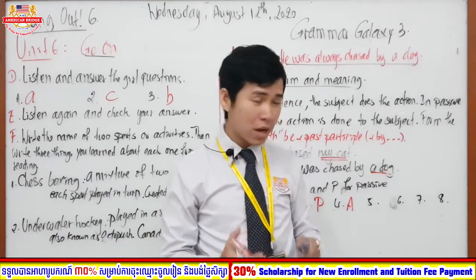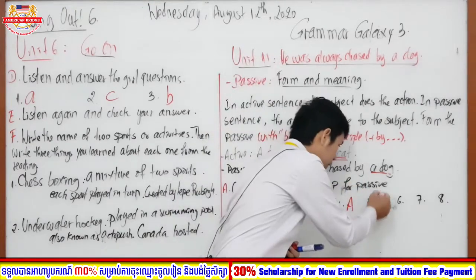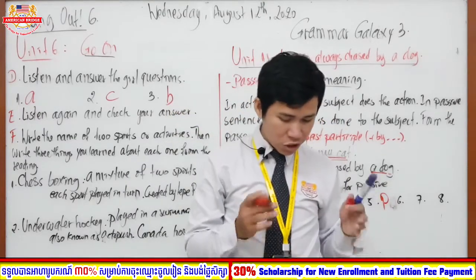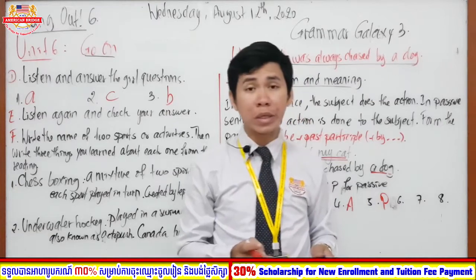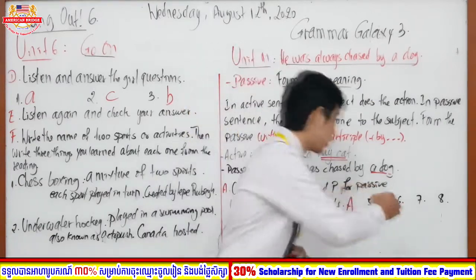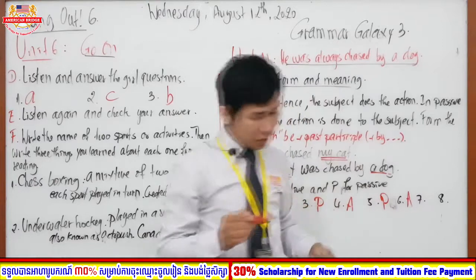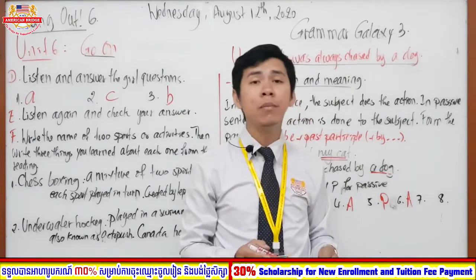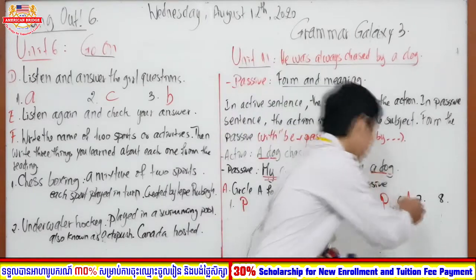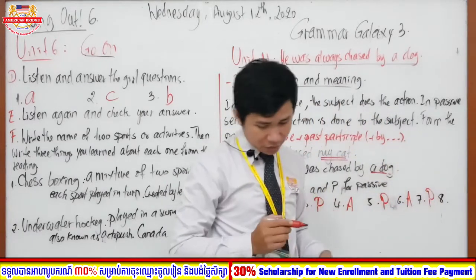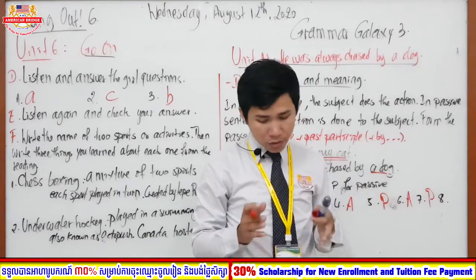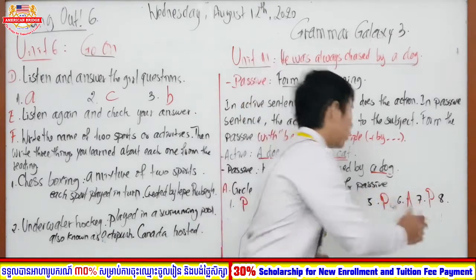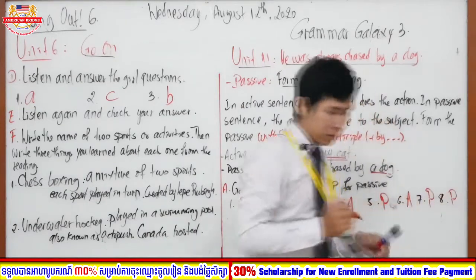Very good, number five is passive. Number six: you were crossing the street. Letter A. Number seven: the ten points were scored by our team. A or P? Letter P. Number eight, the last one: the floors are washed every day. A or P? Letter P.